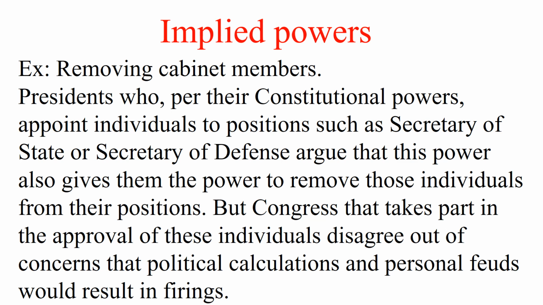Presidents argued in history that the Constitution gives them the right to appoint these people into various cabinet positions, so therefore they should have the power to remove them from those positions if they are not doing a good job. But the U.S. Congress typically rejected this approach, saying that the president cannot unilaterally appoint people to the cabinet. It still requires congressional approval, so accordingly, the president does not have the sole authority to remove cabinet members either.